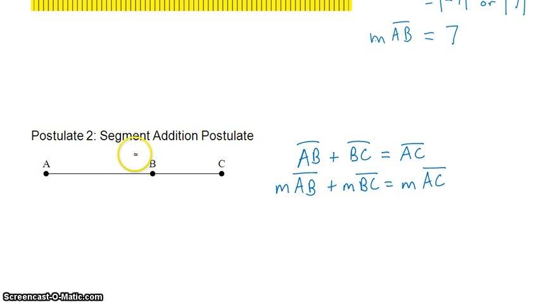So I can switch from a geometric figure to numbers. So if I measure AB, let's say I get 10, I can replace the measure of AB with 10. And let's say I measure BC and I get a length of 5. I can replace the measure of BC with 5. Now I can add these two numbers.